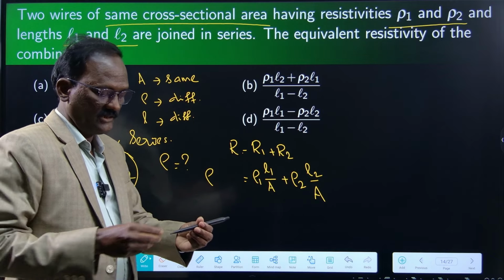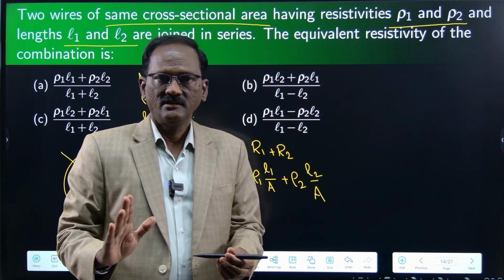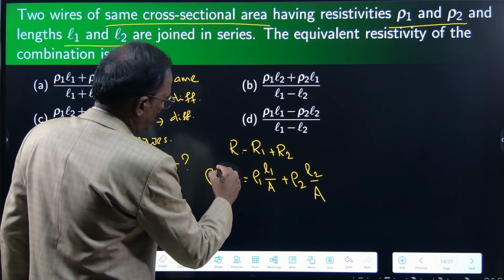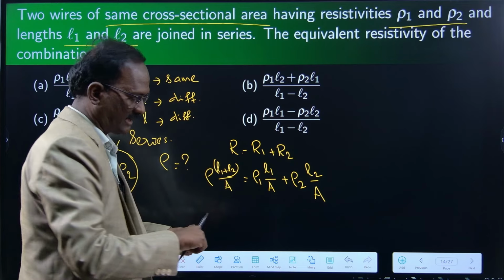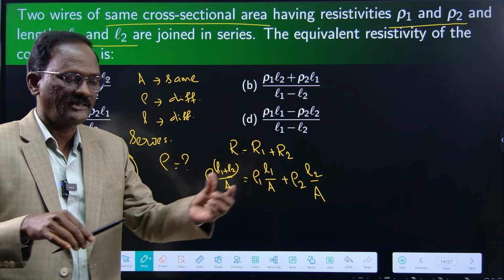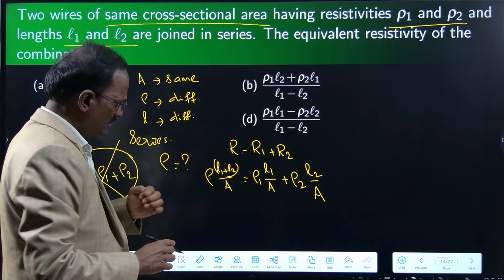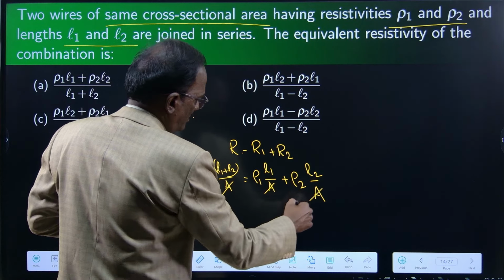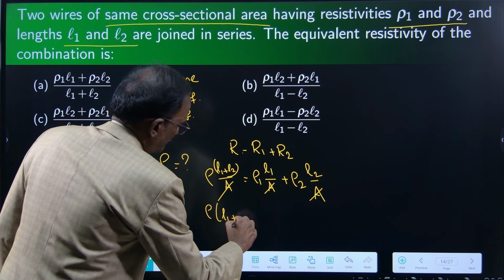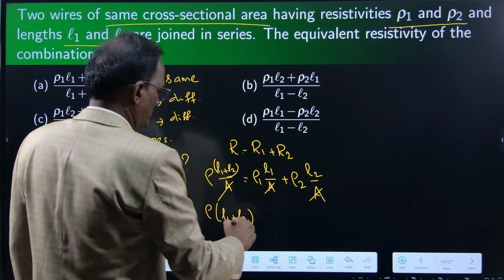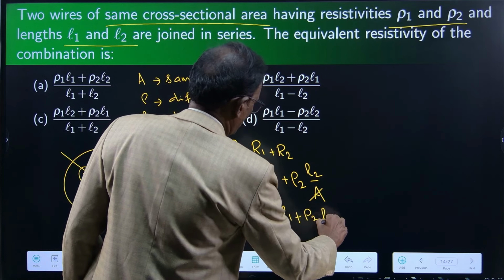So when they are in series, L1 and L2, right, the length becomes increased. So the equivalent value will be rho times L1 plus L2 divided by A. The cross sectional area won't change, right? Cross sectional area is constant. A is A, so A we can remove on both sides. So rho L1 plus L2 is equal to rho 1 L1 plus rho 2 L2.